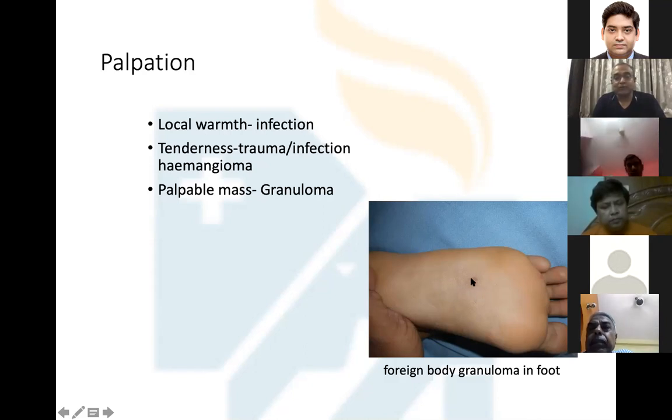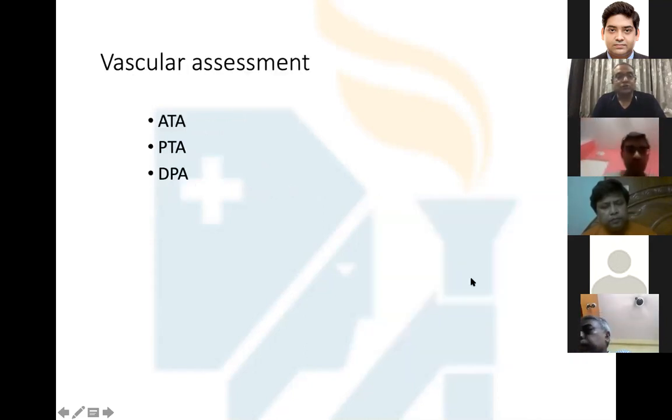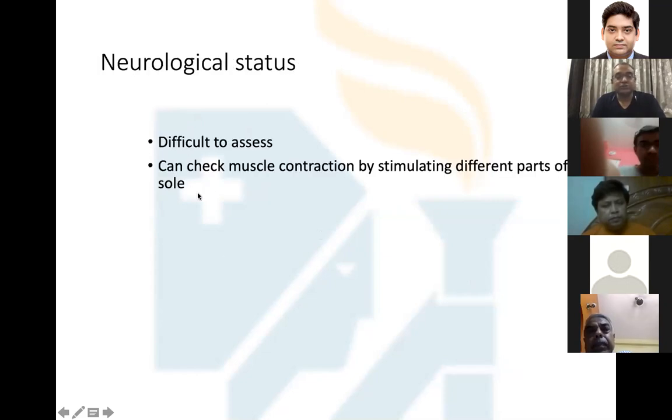So you have to be very careful in your palpatory skills also. And for vascular assessment, as in all cases, you have to check the anterior tibial, posterior tibial, and dorsalis pedis pulses. Neurological status evaluation is difficult to assess in children for foot and ankle conditions, but you can check for muscle contraction by stimulating different parts of the sole.